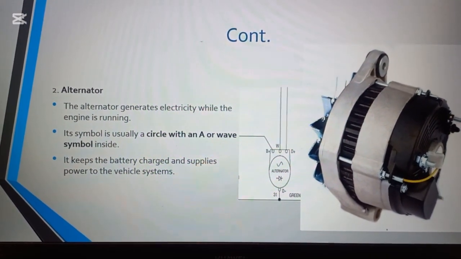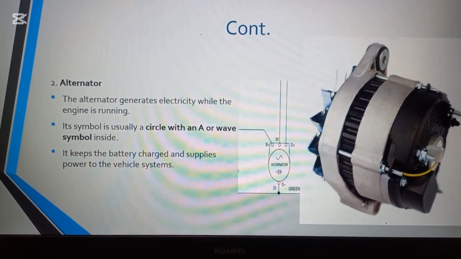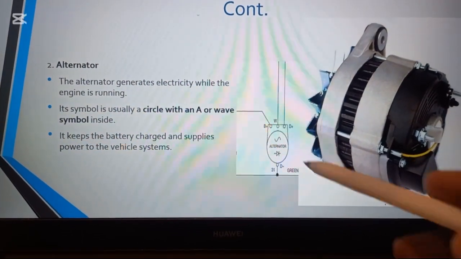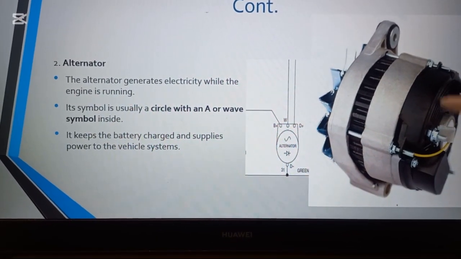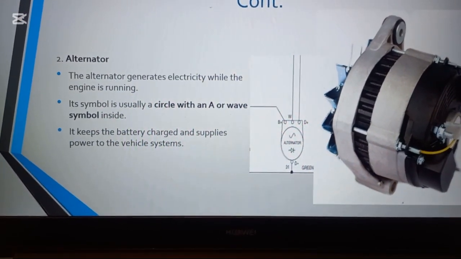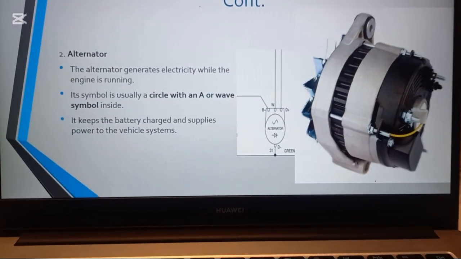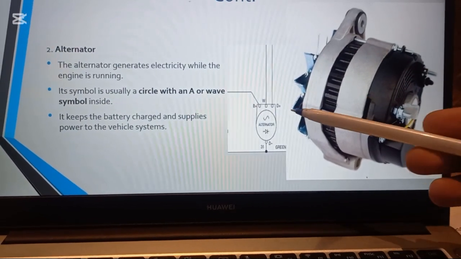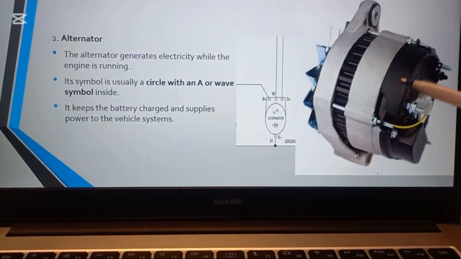The alternator generates electricity while the engine is running. This is the symbol of the alternator, and this is how the alternator visually looks. You can see it's completely different. Unless you have an idea, you cannot interpret it when you see the drawing; it translates to something like this.